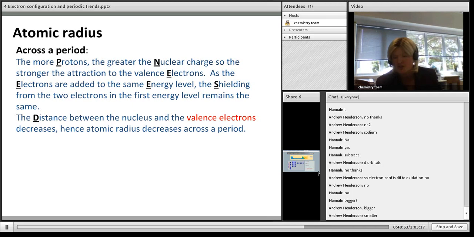You wouldn't even get Achieved for that. You do need to explain. So the important bits, do you see those PENS there? The P for protons, the N for nuclear charge, the E comes up in electrons, energy level, and then I'll explain the shielding now.